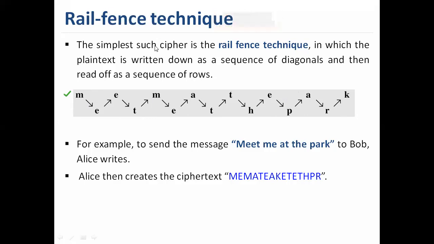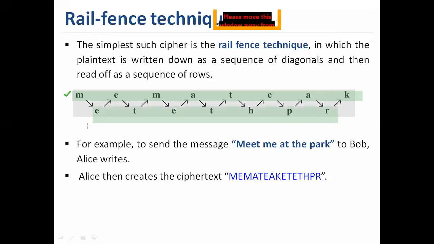That is MEMATEAK. Then we will do the second row: ETETHPR. So here we have the ciphertext from the plain text: MEMATEAKETETHPR. First we take the first row, then we take the second row.